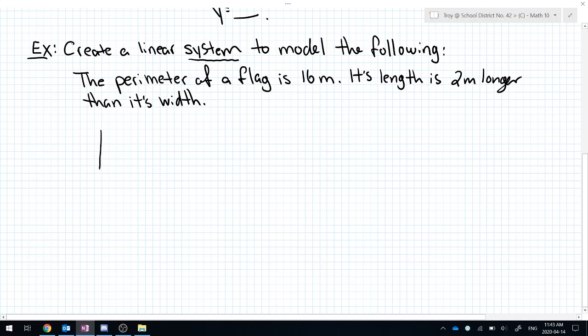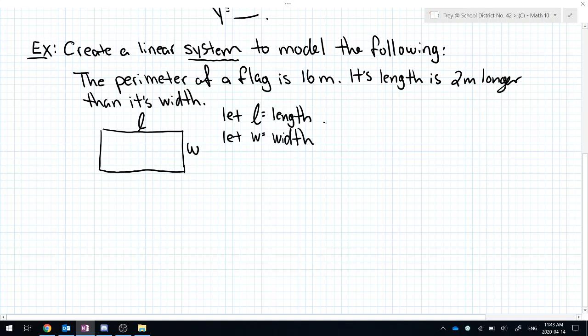So we can make a sketch. Obviously, our flag is going to be rectangular. We have some length, I'll call it L. We have some width, I'll call it W. So it'd be a good idea here: let L equal the length, and let W equal the width.